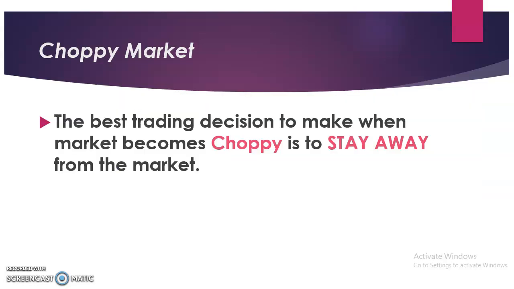In this case, it is very simple. The best trading decision to make when a market becomes choppy is to stay away from the market, until some normalcy returns to that particular market. You don't want to have anything to do with that market.